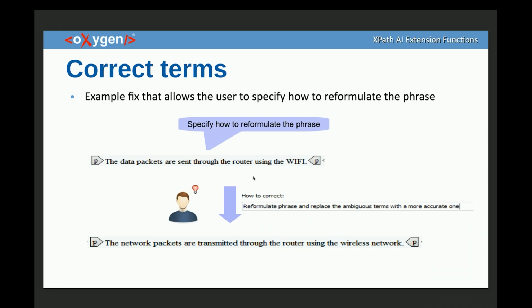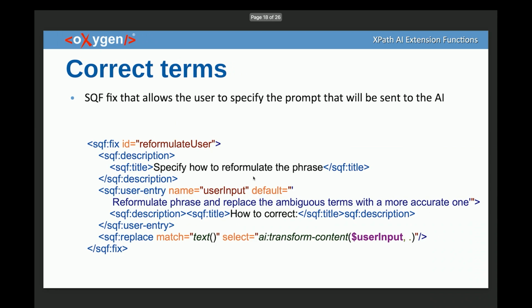Maybe he doesn't want to reformulate, maybe he wants to use another term, and he can say, okay, use another term for me, or remove this term from the phrase. So you can use this user entry and provide the default prompt, but allow the user to set the prompt, and then you can use the user input in the transform content function.